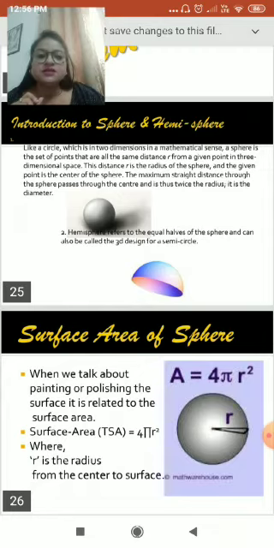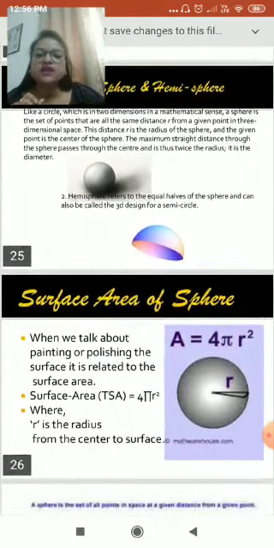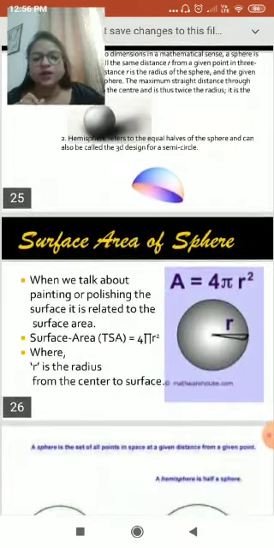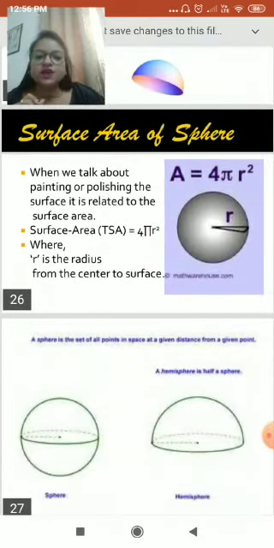This distance r is the radius of the sphere, and the given point is the center of the sphere. The maximum straight distance through the sphere passes through the center and is thus twice the radius; it is the diameter. So hemisphere refers to the equal halves of the sphere and can be called a 3D design of a semicircle.